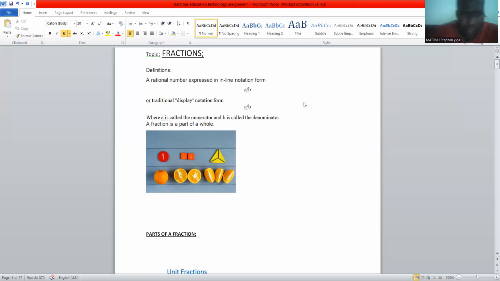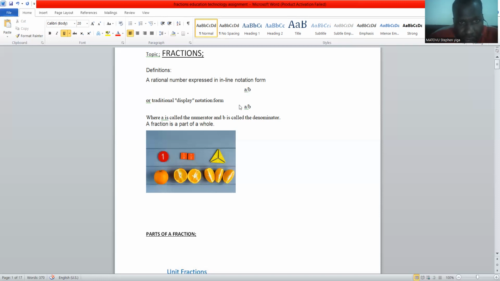First, what is a fraction? A fraction is a rational number expressed in line notation of a over b. When you find any number that has a over b, or 2 over 3, 3 over 4, 5 over 2, 7 over 8, that seems to be a fraction.